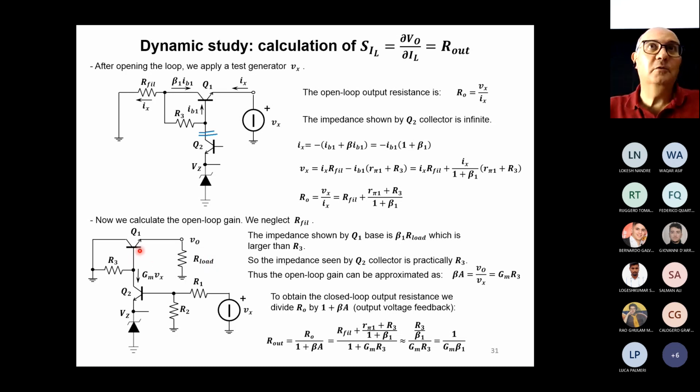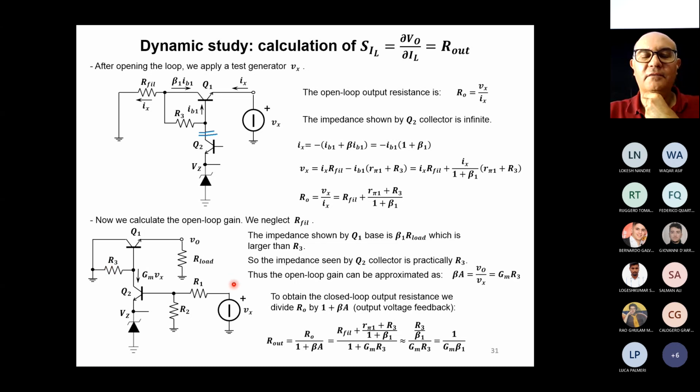So I can suppose in this case, for instance, that the resistance seen on the base of Q1 is larger than R3. In any way, if it is larger or comparable, the total resistance that is seen can be compared to R3. If the other resistance is larger, the smaller resistance will be, in this case, R3. So I can say that the resistance seen by the collector of Q2 is basically very similar to R3 in terms of value.